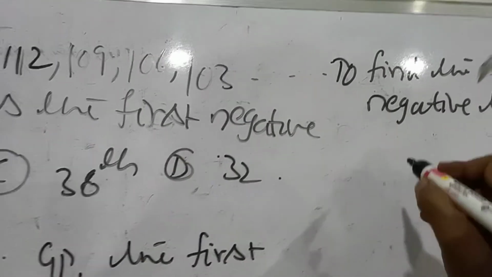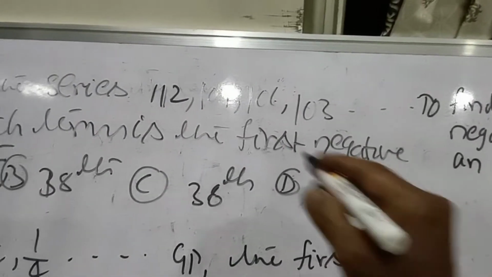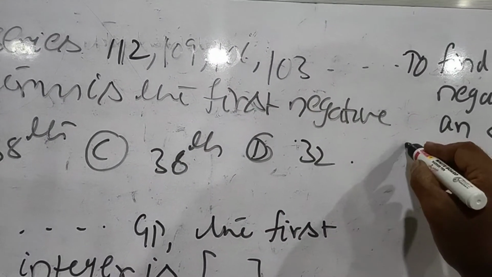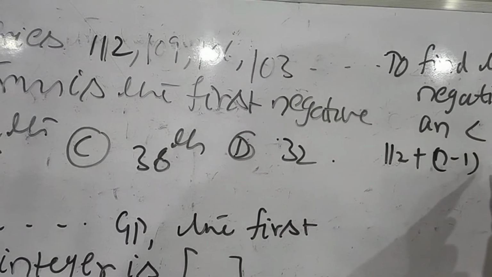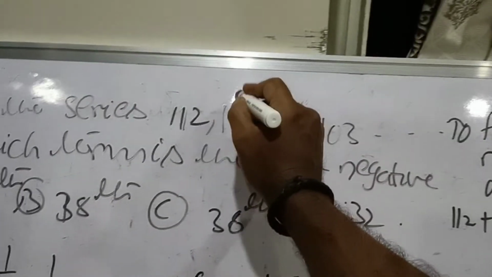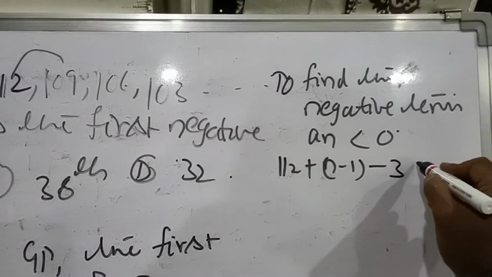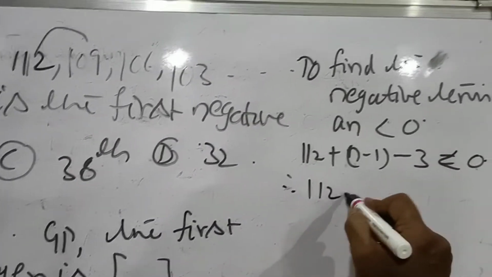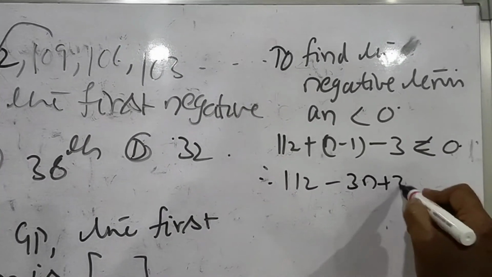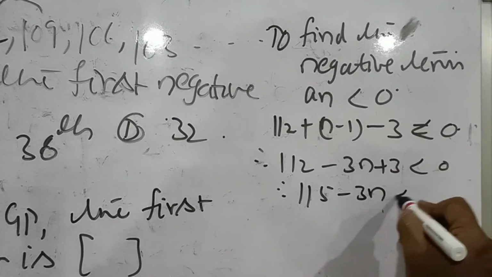So using that concept, let us try to solve this. An should be less than 0. So An means a plus (n minus 1) into d. 112 plus (n minus 1) into the common difference, which here is minus 3, is less than 0. 112 minus 3n plus 3 is less than 0. Therefore 115 minus 3n is less than 0.